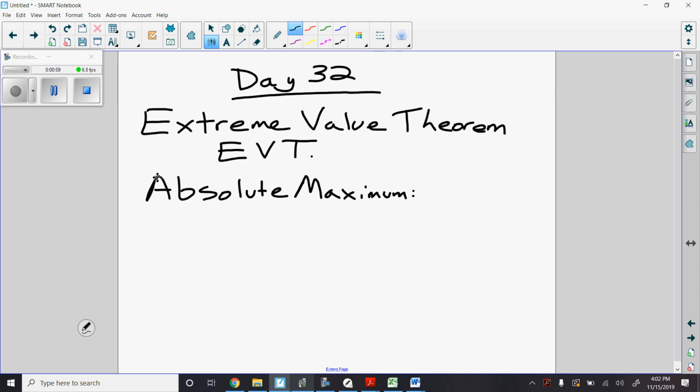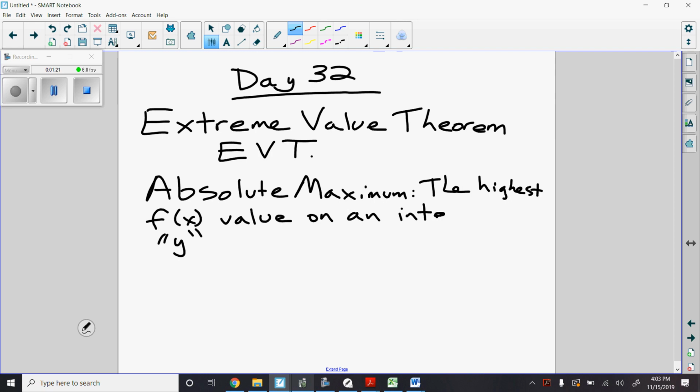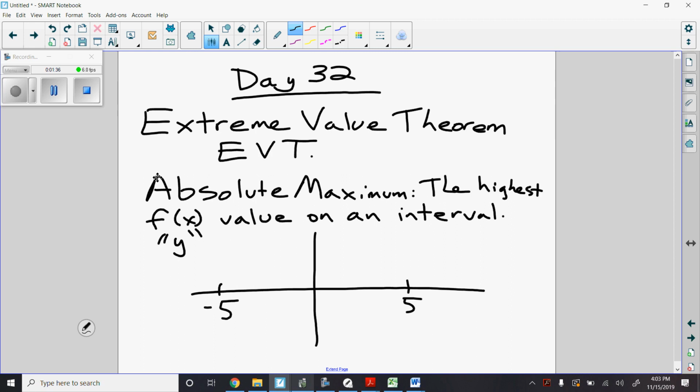Okay, so for example, let's say we have a graph that goes from on the interval -5 to 5.